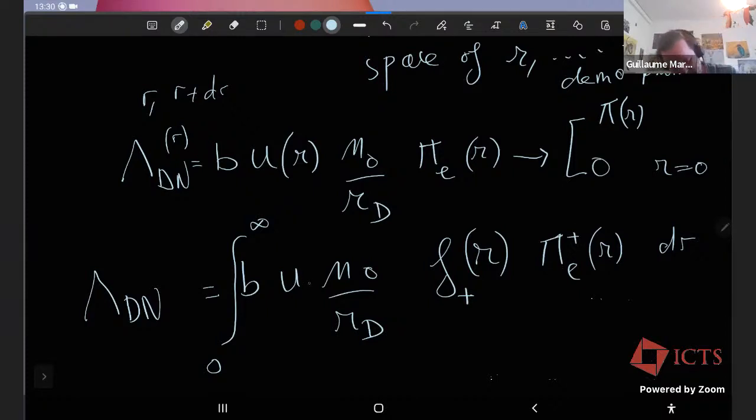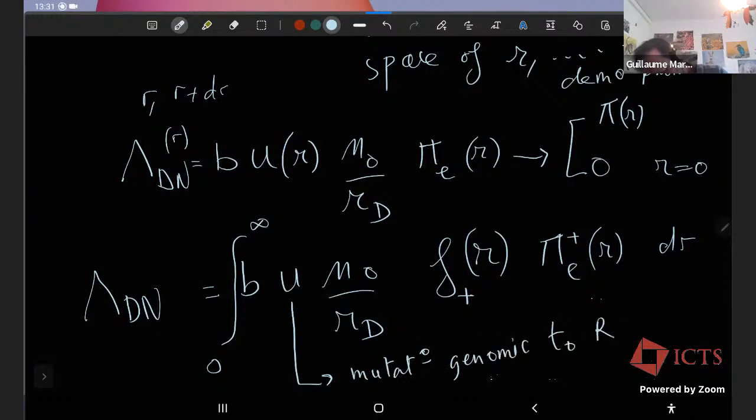And then this thing would be the mutation rate, genomic, to resistance, because I'm just counting beneficials. So it means that a lot of the theory we have is just this thing, but we just integrate over, so I can put the integral just here, 0 to infinity. It's just integrated. That's for the de novo.